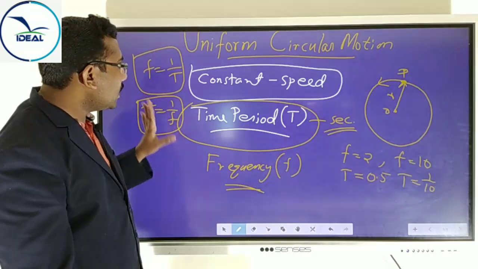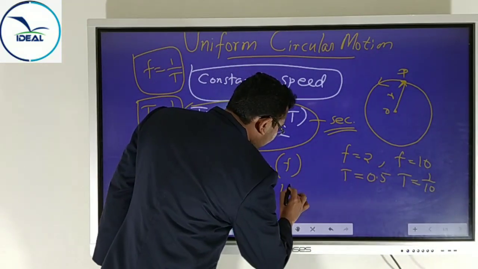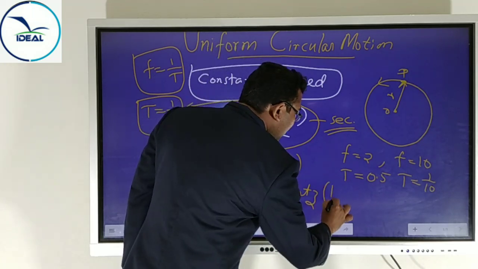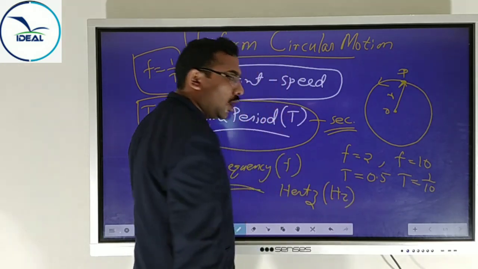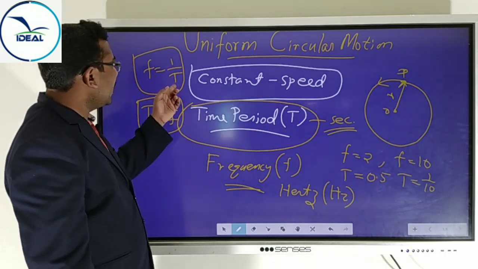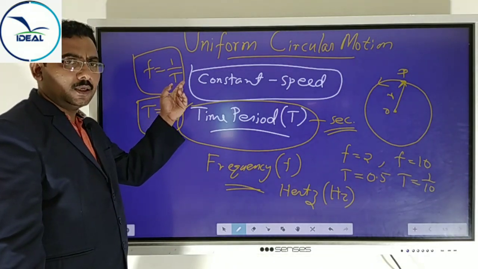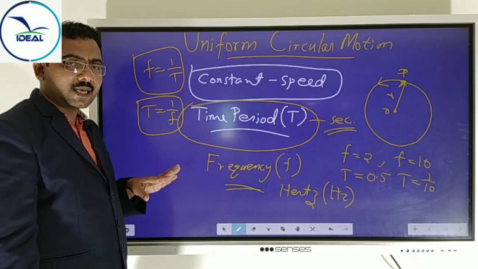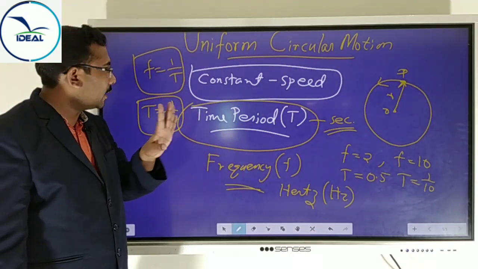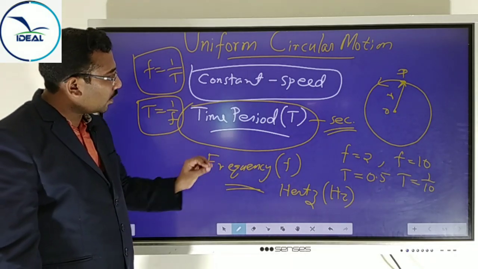The unit of frequency is hertz. We represent it as Hz. Also we can say cycles per second, because 1 by T, unit of T is second. Cycles per second, revolutions per second. That is called hertz.